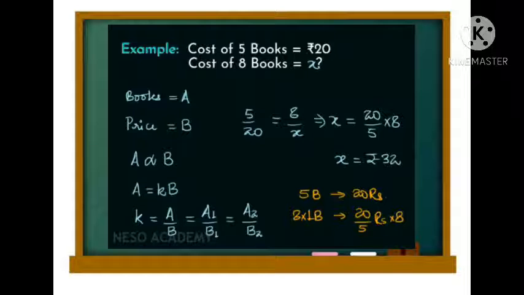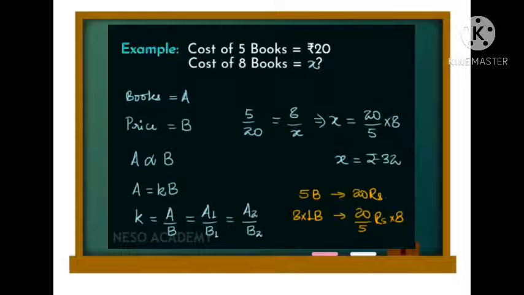Now, K will remain the same for different values of books and price. So I can say if we have A1 over B1, we will have the same constant if we have A2 over B2, and so on. Now focus on this: A1 over B1 equals A2 over B2.